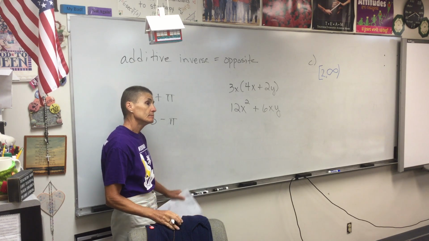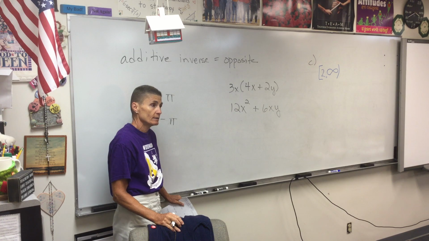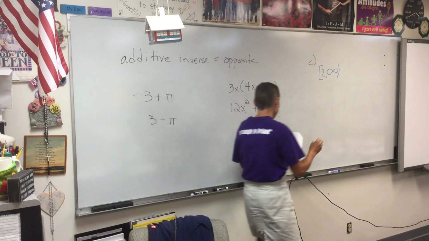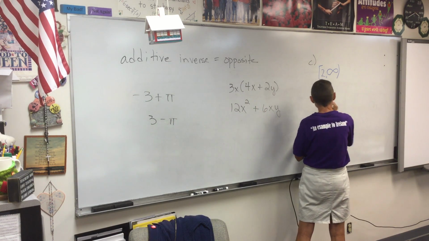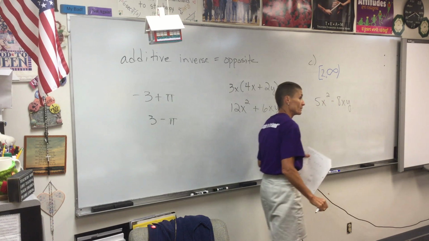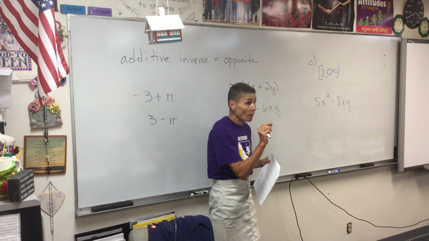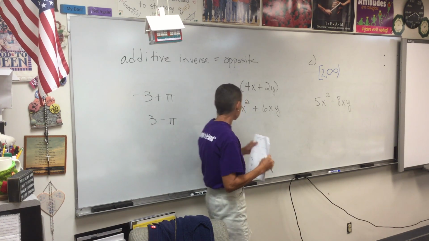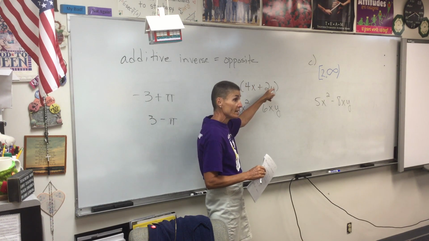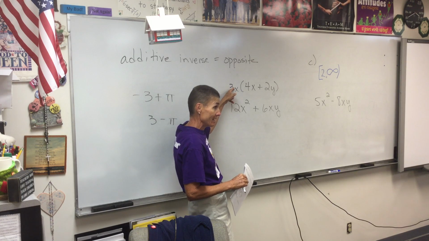Look at B. I have said use the distributive property. You're looking at B and saying, well, Ms. Ford, there's nothing to distribute. The distributive property goes both ways. So not only do you put the number in, but the distributive property also takes the number out.